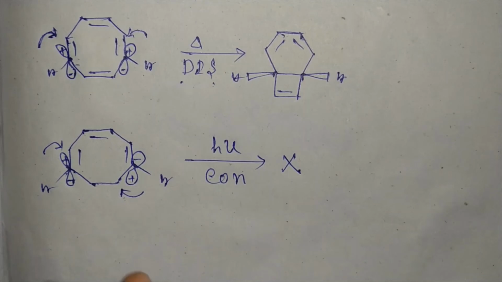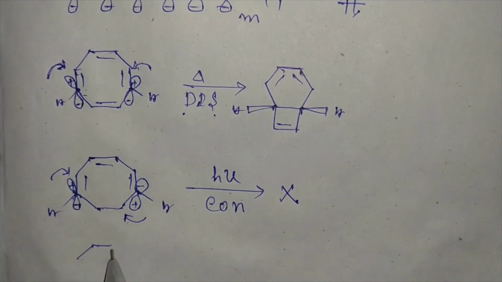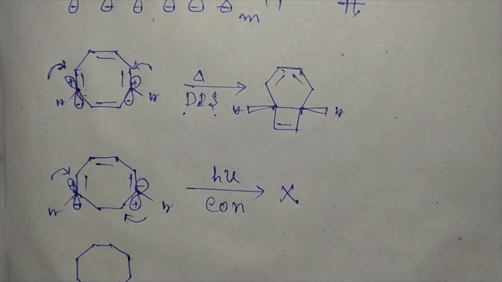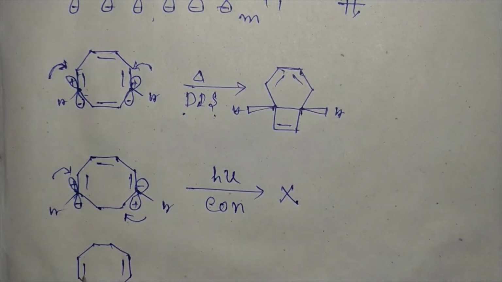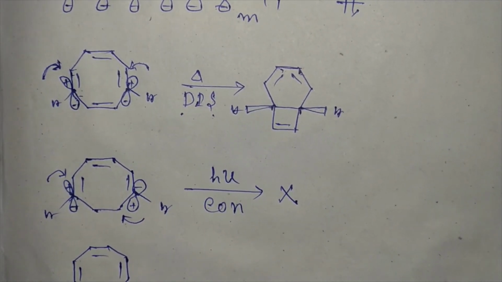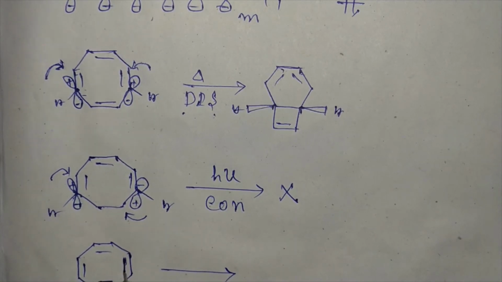Now the cyclization may also happen in another way. We'll see that mode. Now it may also happen by this diene system, a ring closing reaction involving this diene system.